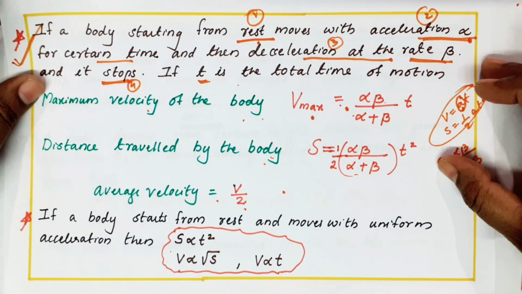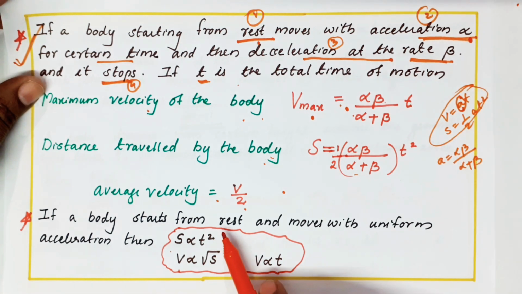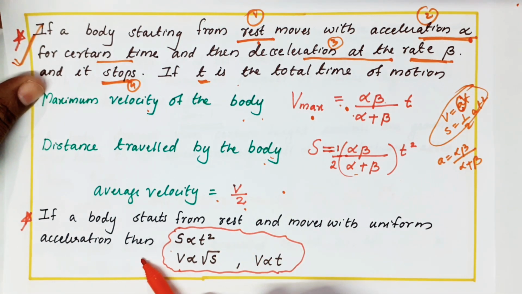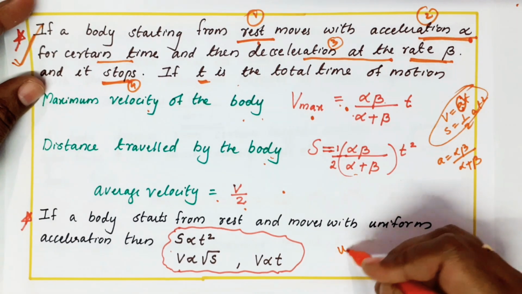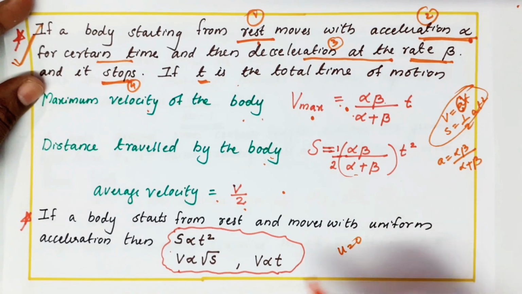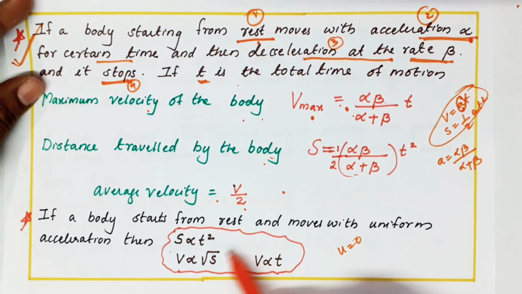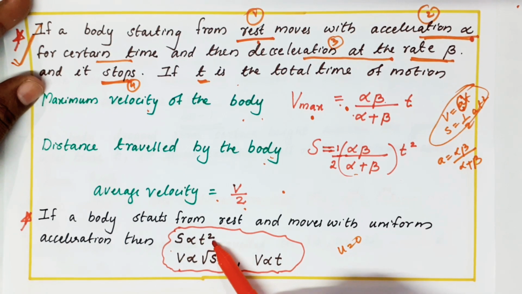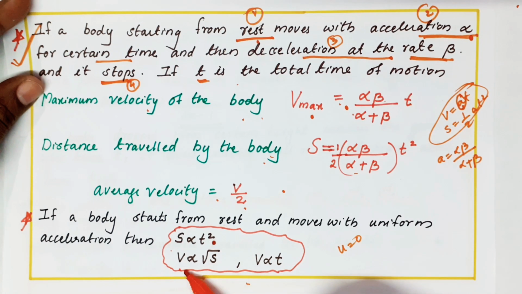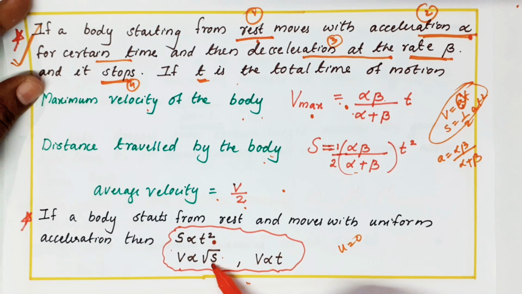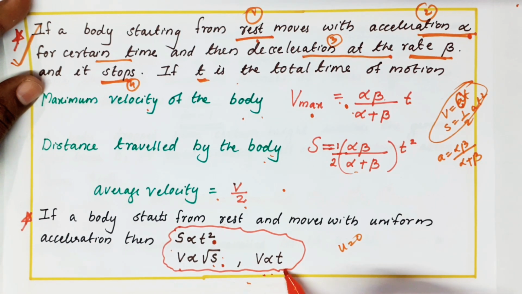Now, next point. If a body starts from rest and moves with a uniform acceleration, start from rest means we know that u equal to 0. Therefore, they can ask this type of variation. S is proportional to t square, from the equation S is equal to ut plus half at square. V square proportional to S, so V is proportional to root over S. From V equal to u plus at, we can write V proportional to t.